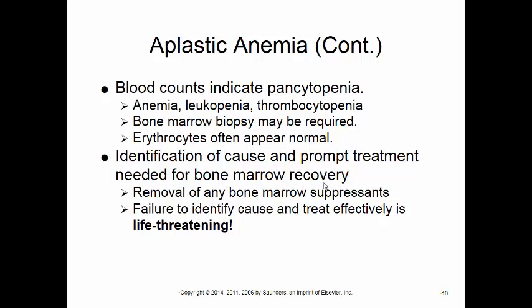So everything's in a low amount, and a biopsy of red bone marrow may be required. The red blood cells that are made often appear to be normal. They're just going to be in a lesser amount, along with a lesser amount of all the other blood cells in the blood.